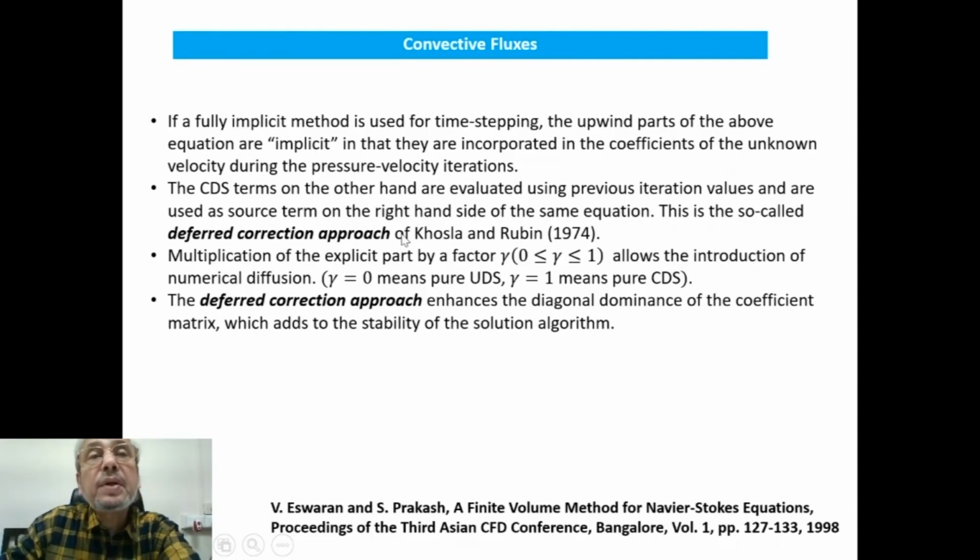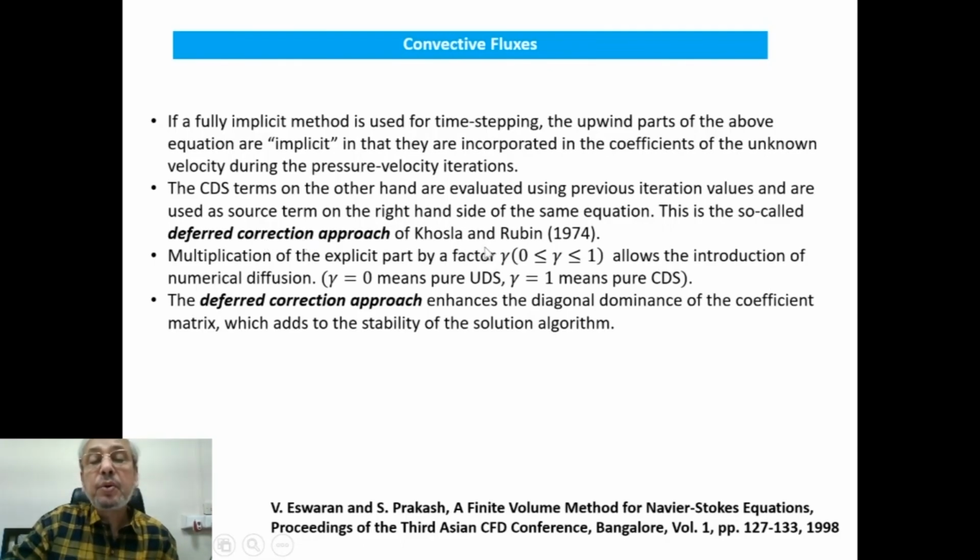If you recall our first preliminary few lectures, when we introduced finite difference, finite volume methods, we referred to this scheme, very well-known scheme, Khosla and Rubin's scheme is called deferred flux correction approach.